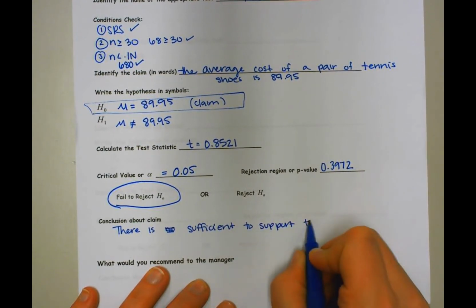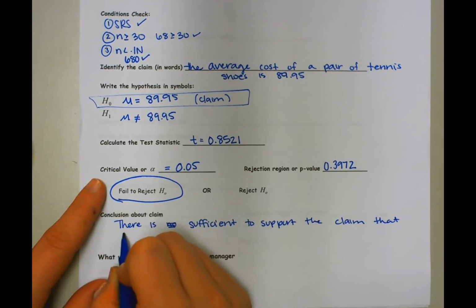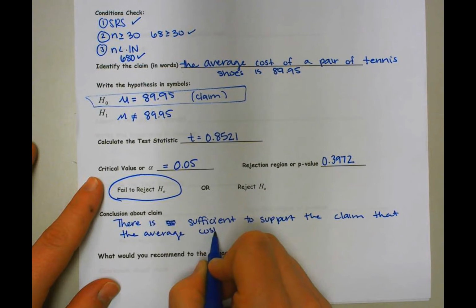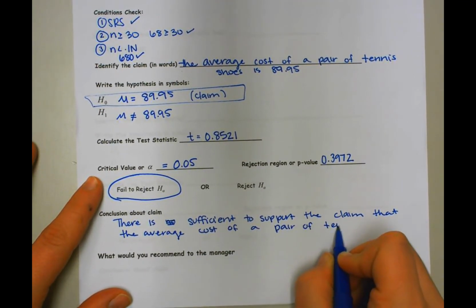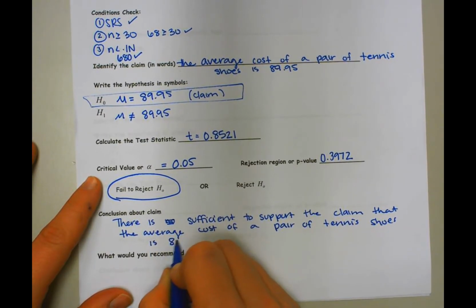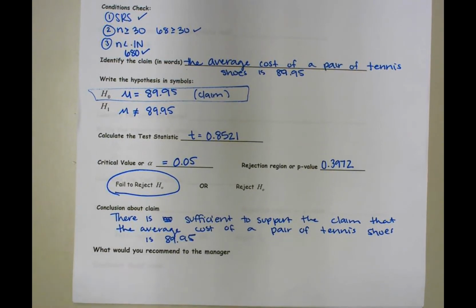that the average cost of shoes is $89.95. So then what would we recommend to the manager? Nothing. We're saying that the claim he's making is legit.